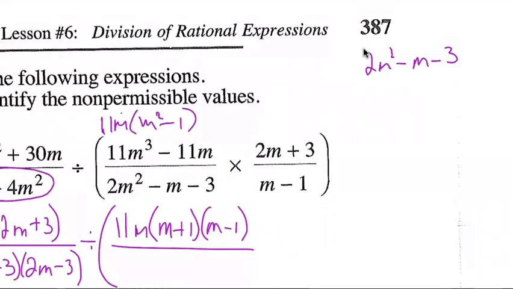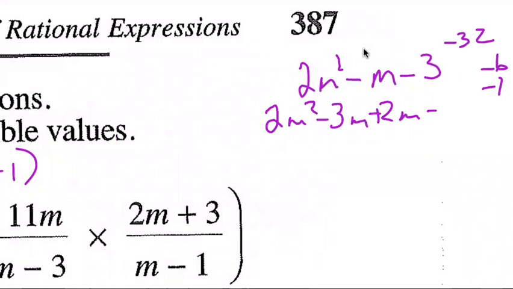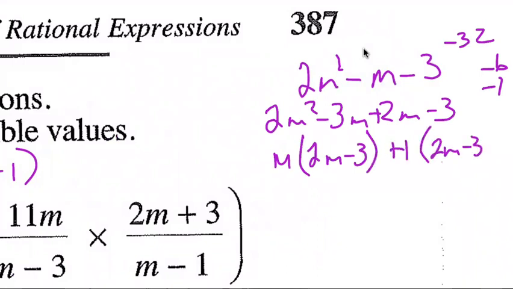Two numbers that multiply together to give -6, add together to give -1: -3, +2. 2m squared minus 3m plus 2m minus 3, factor out an m, 2m minus 3, factor out a plus 1, 2m minus 3, m plus 1.